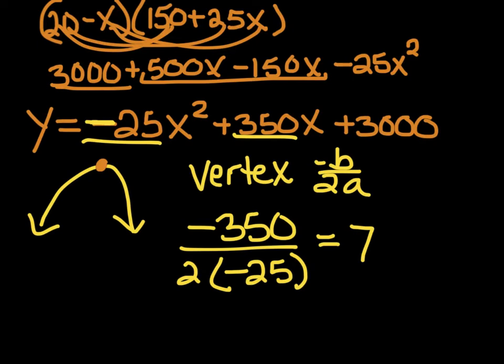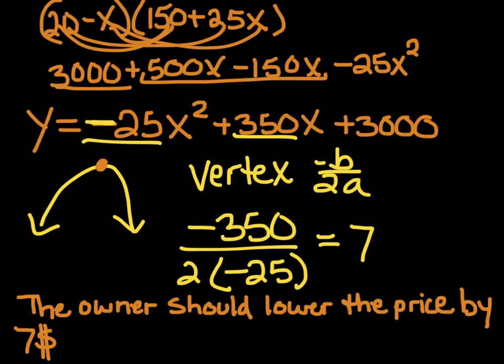All right, so the question was, how can they maximize weekly revenue? They can lower the price by $7, or 7 times $1, so lower the price by $7. And the question just said, how can they maximize weekly revenue? So that's how. If the question said, what is that maximum weekly revenue?